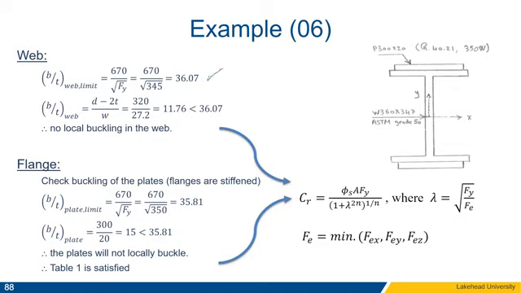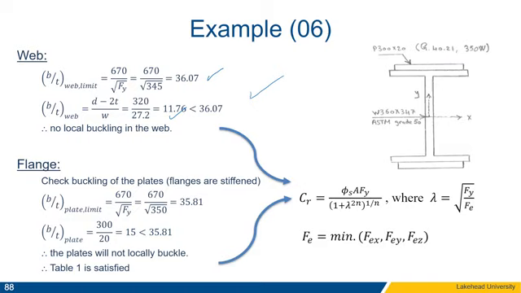So we evaluate the limit for the web, which is 670 divided by the square root of Fy, and we divide d minus 2t by w and compare the two values. If the slenderness of the web does not exceed the limit for the web, then no local buckling will occur in the web.